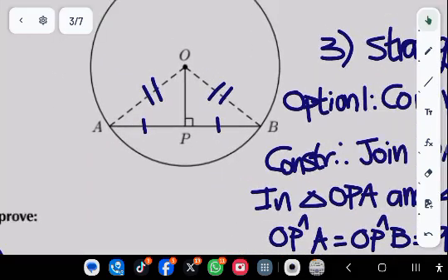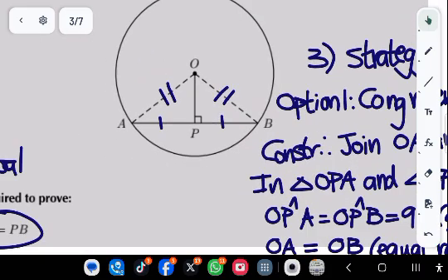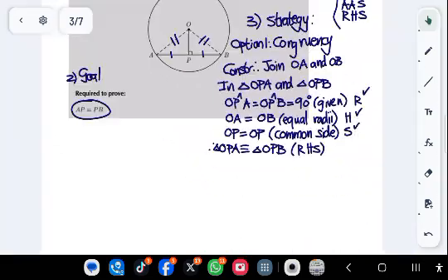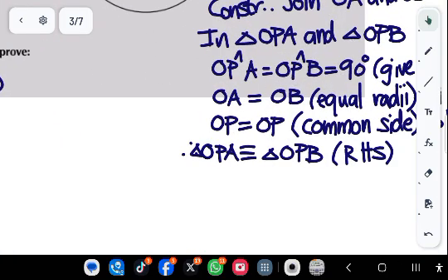The corresponding sides and the corresponding angles are identical in size, they are identical in shape. Now that we have proven that these two triangles are congruent, we can then conclude that AP or PA equals PB.